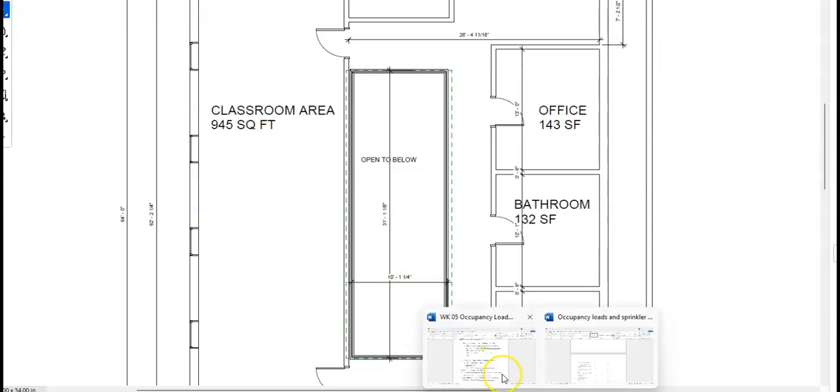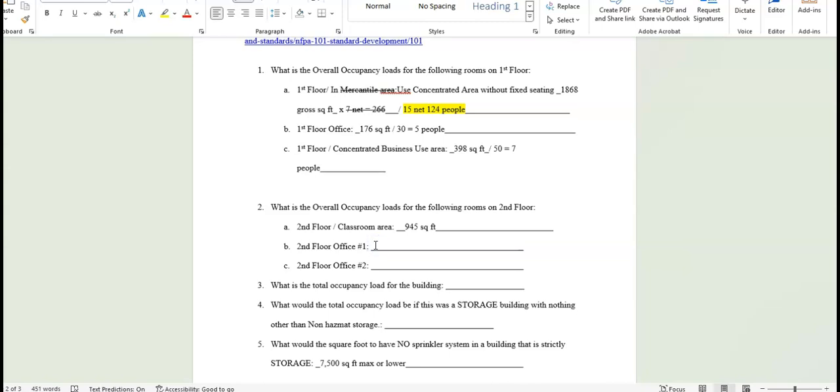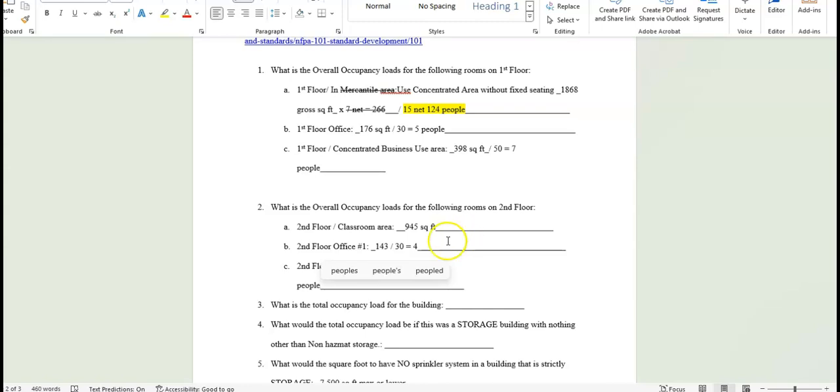So going over to our assignment page, I'm going to put 143 for office 1, and I'm going to divide by that 30 again. So that's 143 divided by 30 equals 4.7. So we're talking about 4 people in there. And the 200 square foot: 200 divided by 30 equals 6.6. So 6 people. And again, these are all minimum.